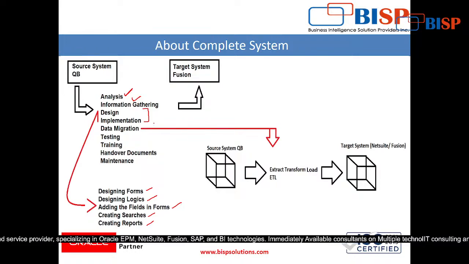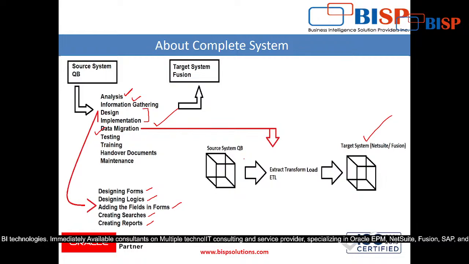Here is the main subject of our webinar. Our webinar will revolve around this main subject, right? That is the data migration. Now what is data migration? Here is the source system, QuickBooks, and here is the target system, that is Fusion.